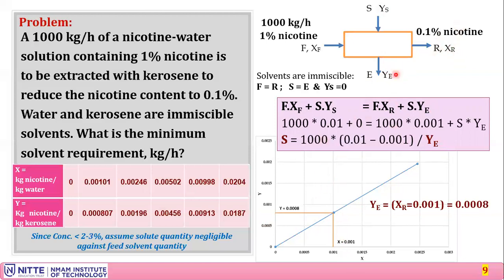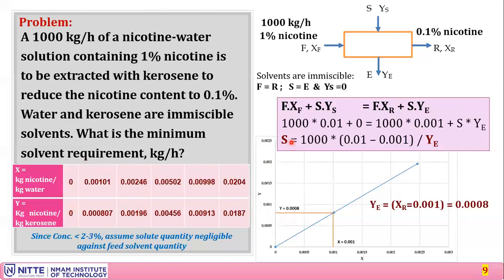So this X_R and Y_E are in equilibrium with each other. This X_R is given to me, that is 0.1%, that is 0.001 in decimal scale. So that data is known to me, 0.001, which is less than this. So that's why I have taken 1, 2, 3. Only three data I have taken.